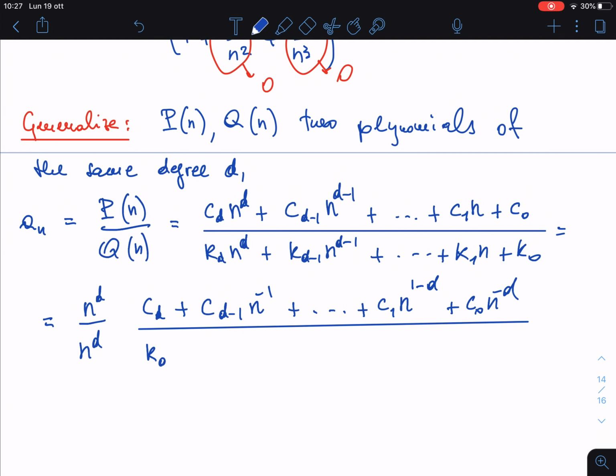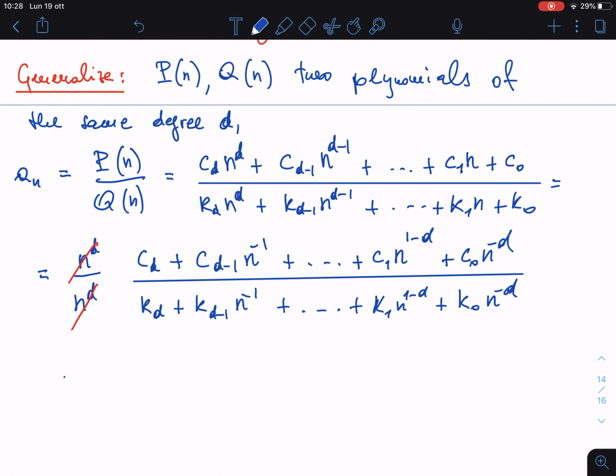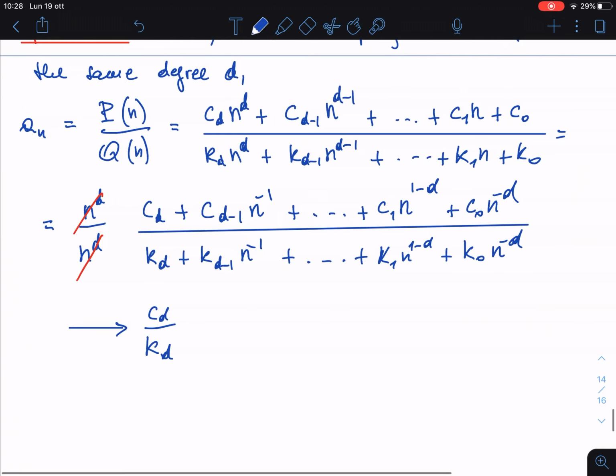So here we have k_d plus k_{d-1} n to the minus 1 plus dots plus k_1 n^{1-d} plus k_0 n to the minus d. So here everything cancels out, and the final result is c_d over k_d.